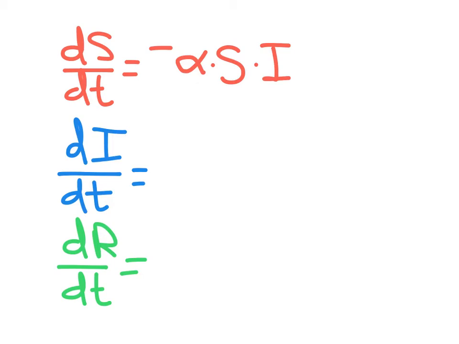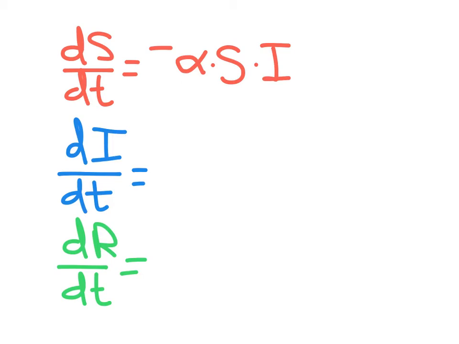So we might have 137 million people. The units for the S function is people, and the units for the infected function is also people. There could be 10,000 infected people. And so when you multiply those together, like we have in this red equation, S times I, we would end up with people squared. And that's kind of a problem. Like, what is a square person? It doesn't really make sense.